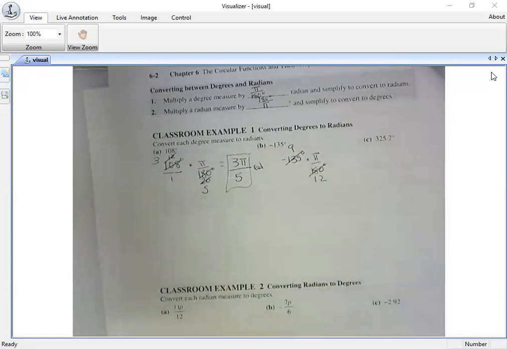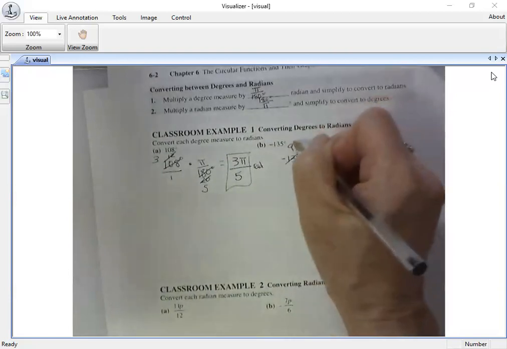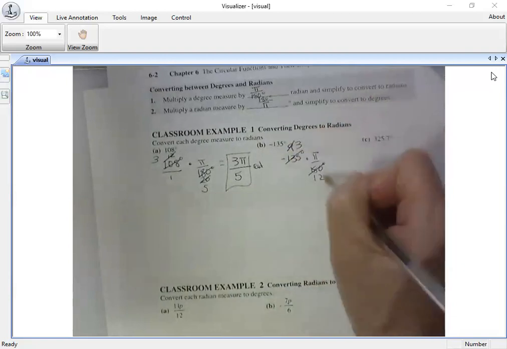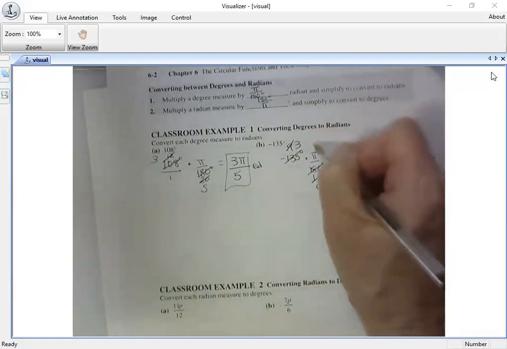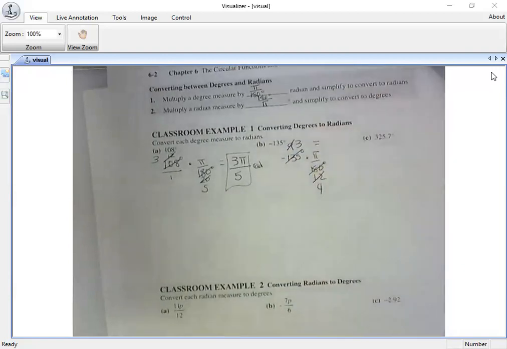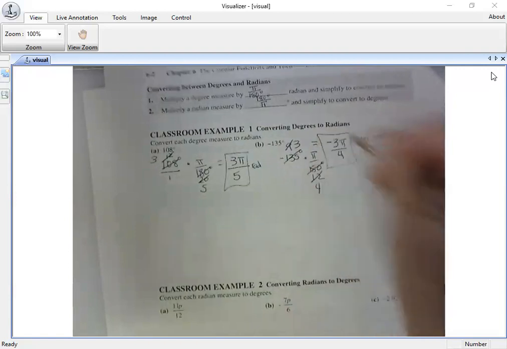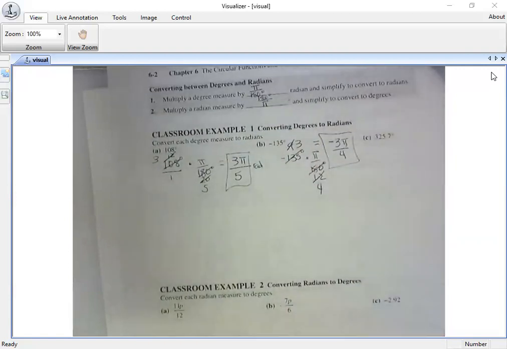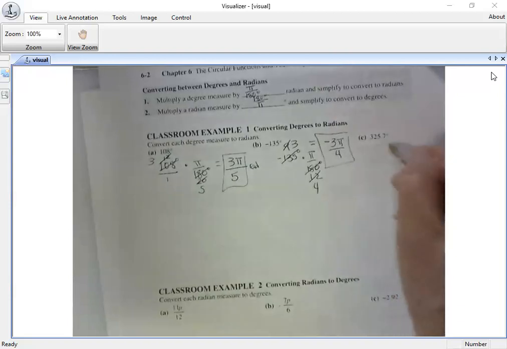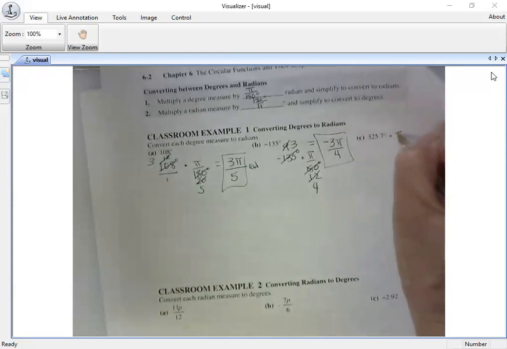What else can go in? 3. So 3 goes into 9 3 times. 3 goes into 12 4 times. What would this equal in radians? Excellent. Negative 3 pi over 4. Don't lose your negative sign. All right. What about 325.7 degrees? Can we still multiply that times pi over 180?